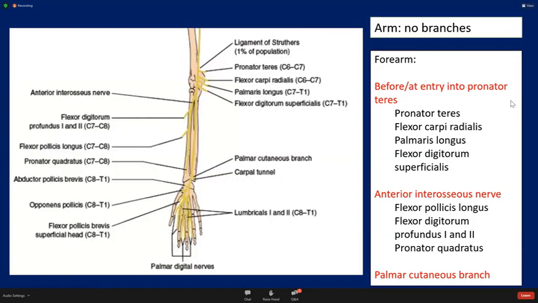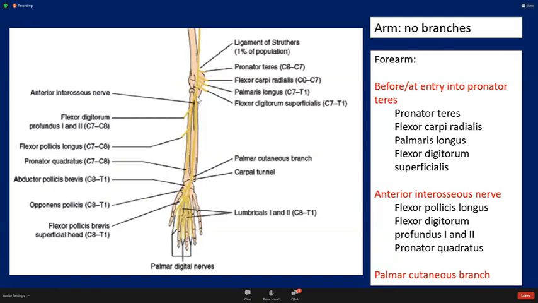So the branches which we need to know is that at the arm there is no branch at all. In the forearm, just at the entry into the pronator teres muscle or before that, it gives off branches to pronator teres, flexor carpi radialis, palmaris longus, and flexor digitorum superficialis. So we are talking about pronation, the flexion of the wrist, and the proximal interphalangeal joint flexion.